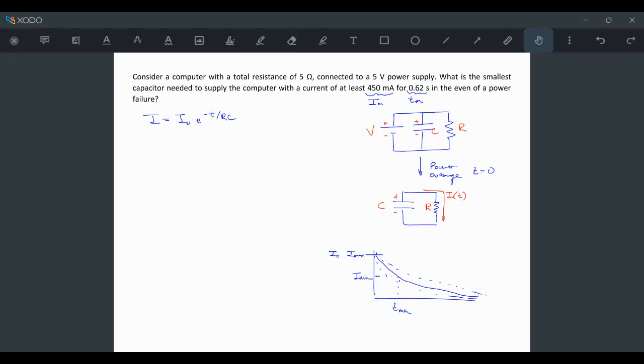What we want to do is solve this equation for the capacitance, when we're at the threshold of the minimum current and the minimum time. I've added subscript m on both the current and the time. And really all we need to do now is solve for C.